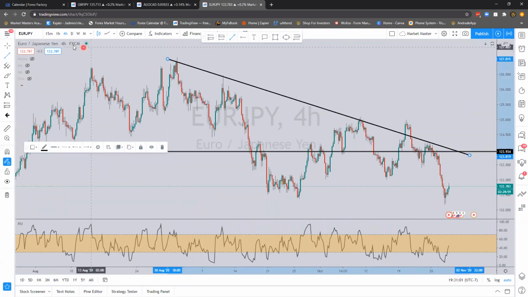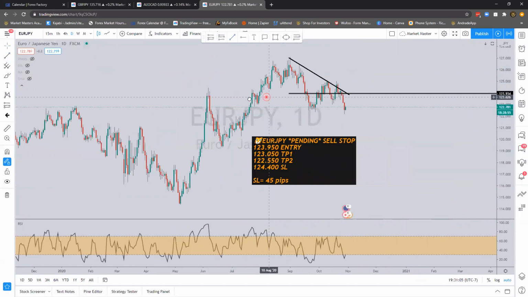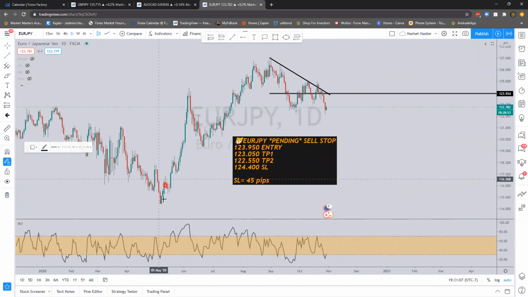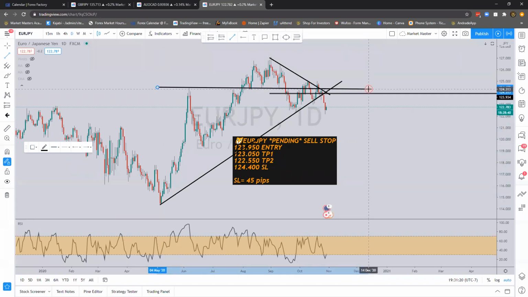But strong resistance area. Okay, so there's a support there. There's a strong resistance that it was hitting off of. Euro USD was hitting off of this strong resistance line right here.